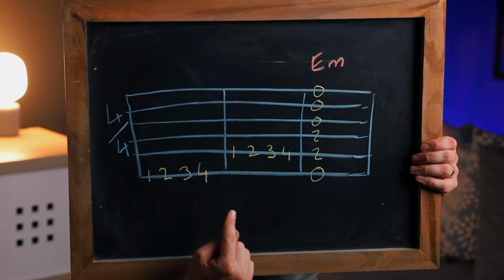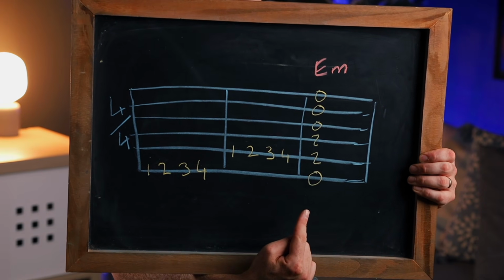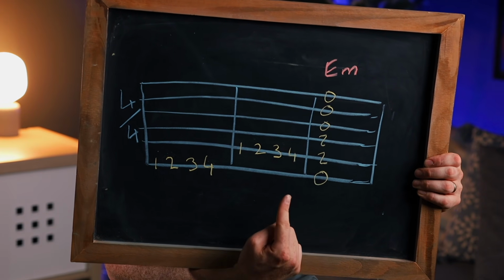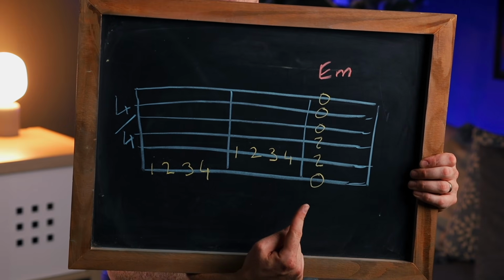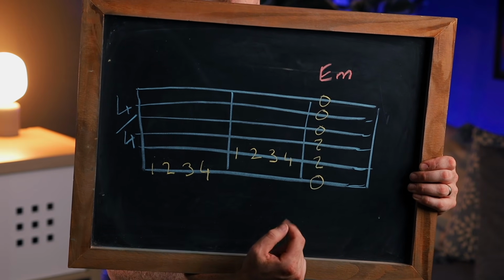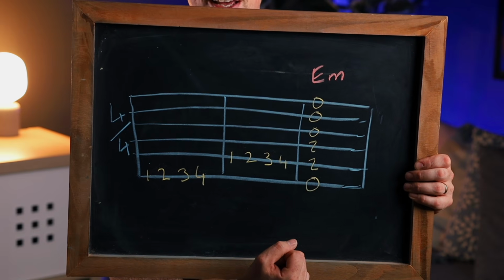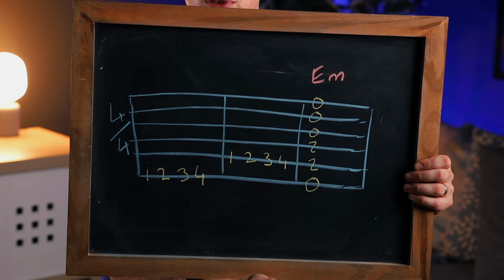So if we spell this out, we've got low E on the E string, open, so naught is nothing. Then 2 and 2, so on the A string and the D string, we've got the 2nd fret pressed down, and then open, open, open on the rest of the strings.